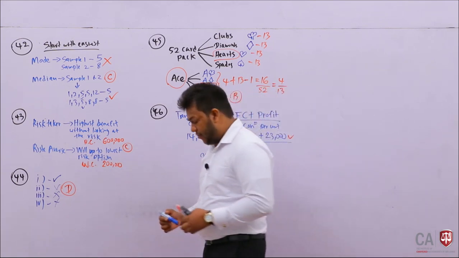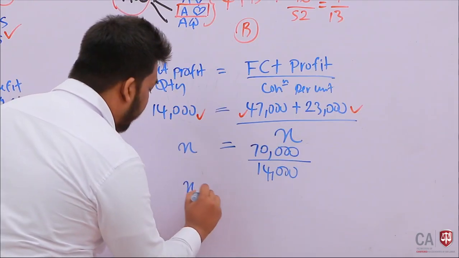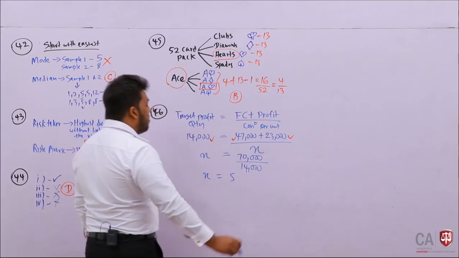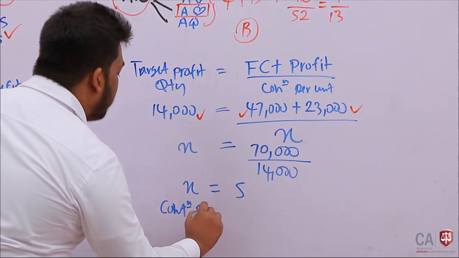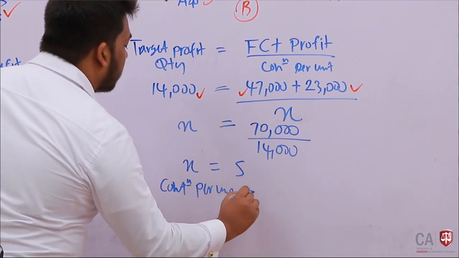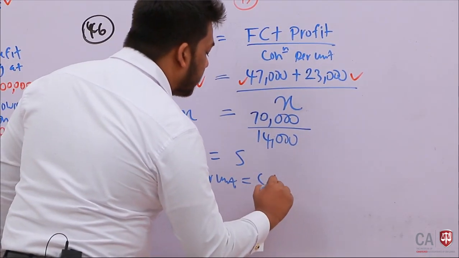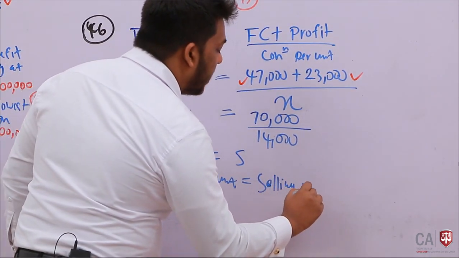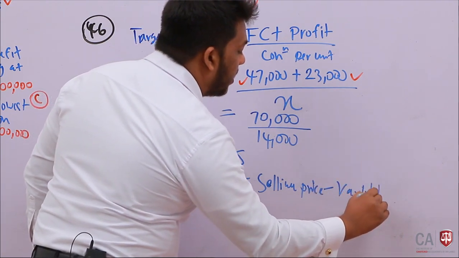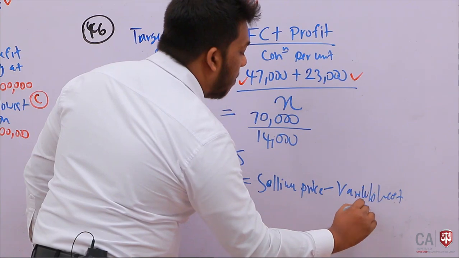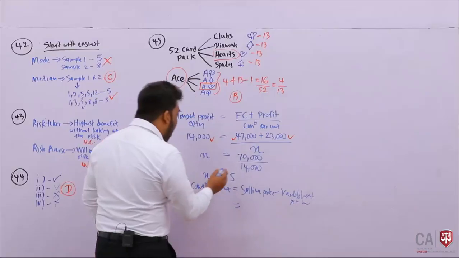That is 5. X equals 5. X means contribution per unit. So contribution per unit equals selling price minus variable cost per unit. What you have now?